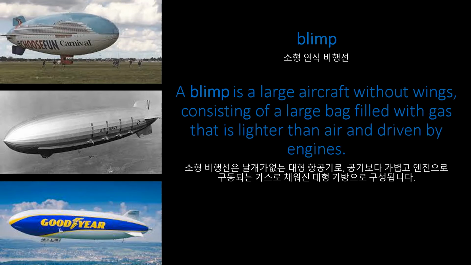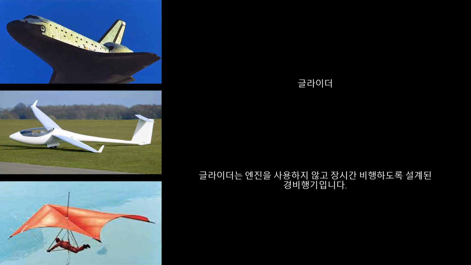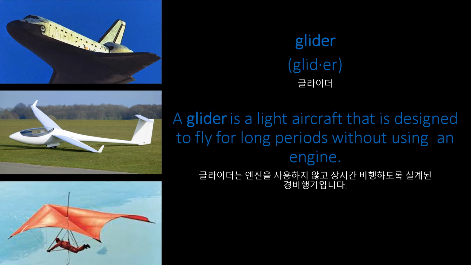A blimp is a large aircraft without wings consisting of a large bag filled with gas that is lighter than air and driven by engines. Glider. A glider is a light aircraft that is designed to fly for long periods without using an engine.